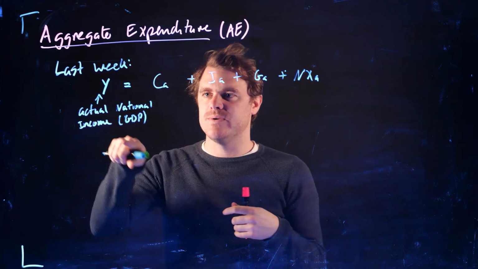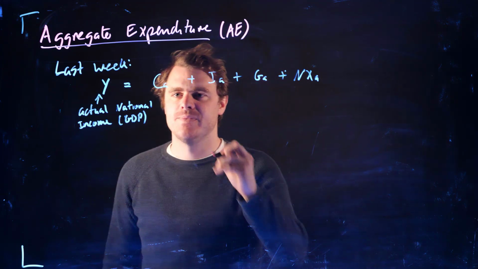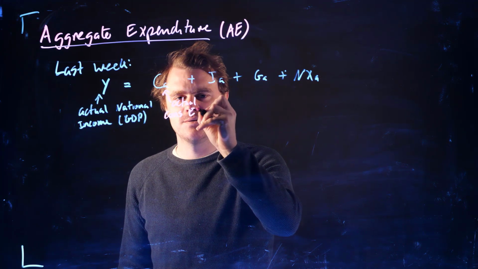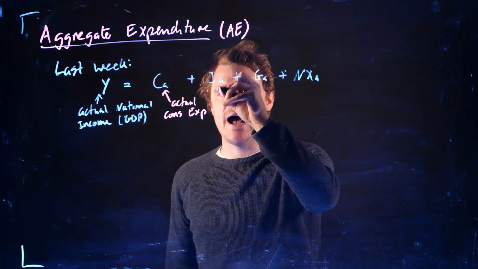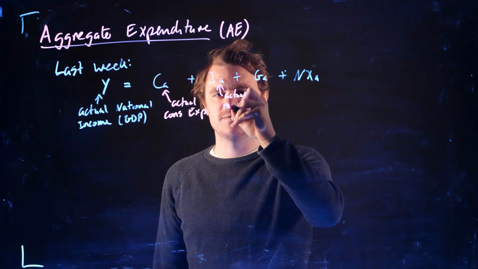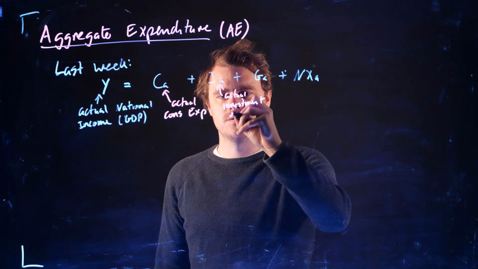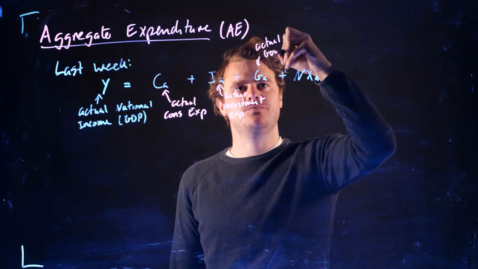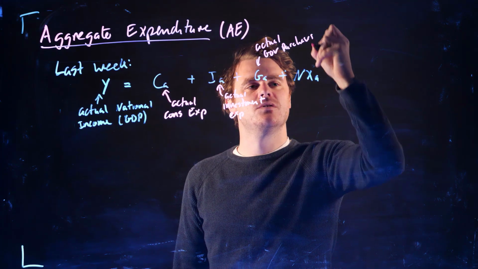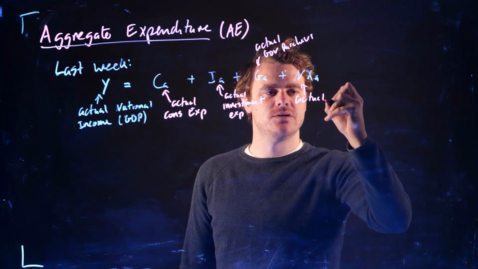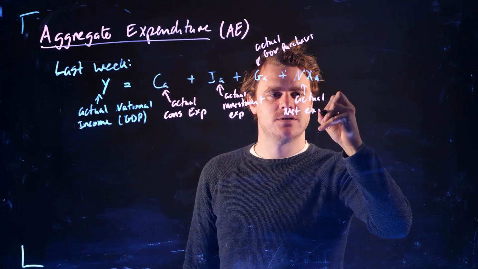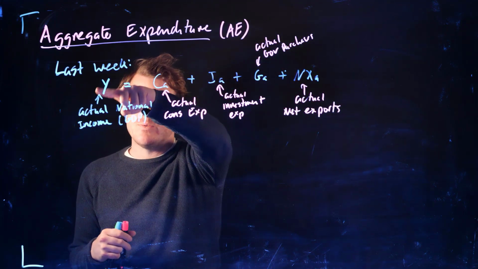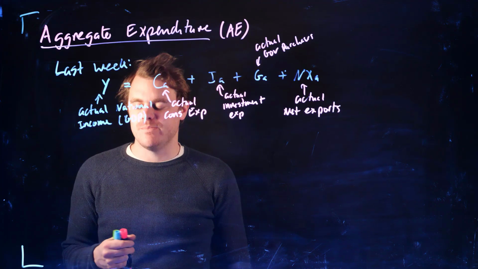Remember, CA was actual consumption expenditure, then actual investment expenditure, actual government purchases, and actual net exports. These were the actual amounts we saw in our society. So when we say Y, it means the actual amount of GDP.